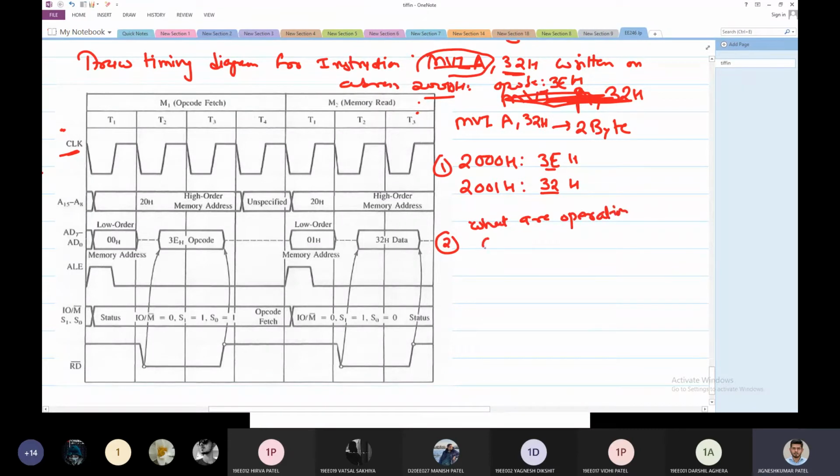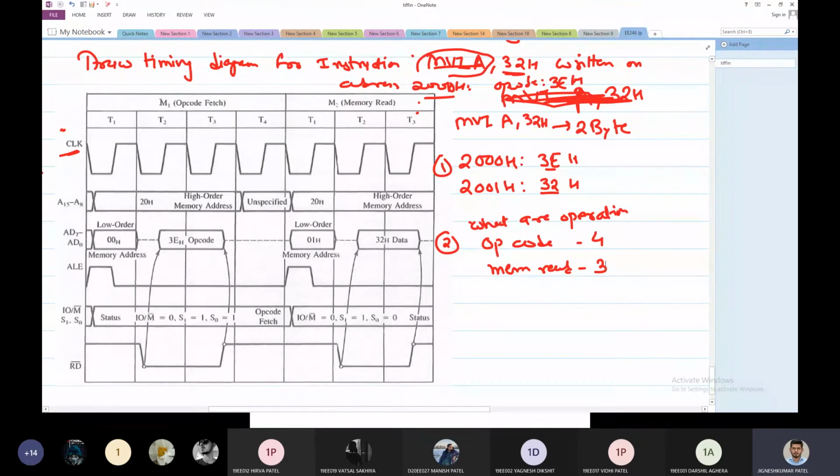We always know the first operation is the opcode fetch cycle and the second is the memory read cycle. We learned yesterday why it is a memory read. 32 is data, so a memory read would be performed. So first is opcode fetch and second is memory read. We know that opcode fetch is 4 states and memory read is a 3 state cycle. So 4 plus 3, total 7 states would be there in this diagram.